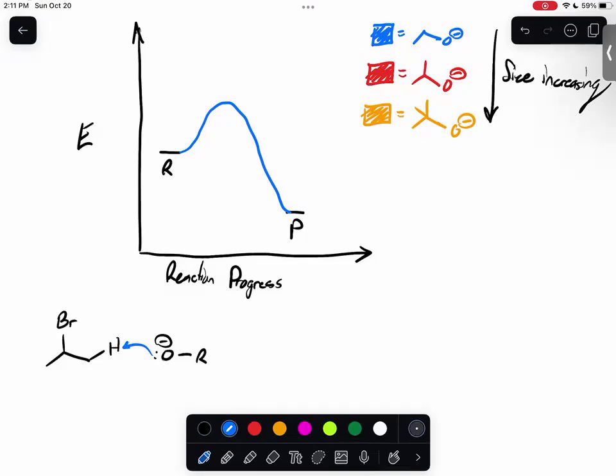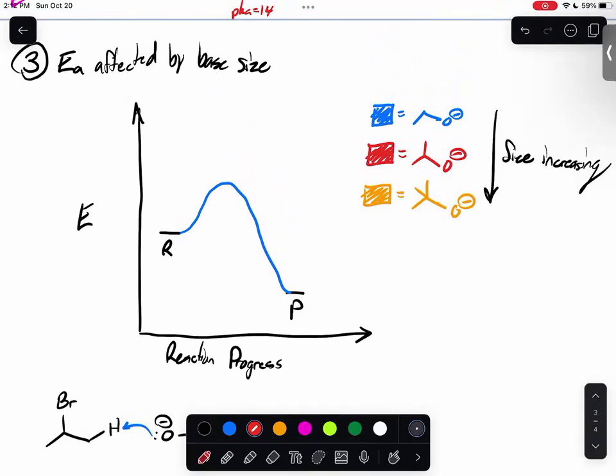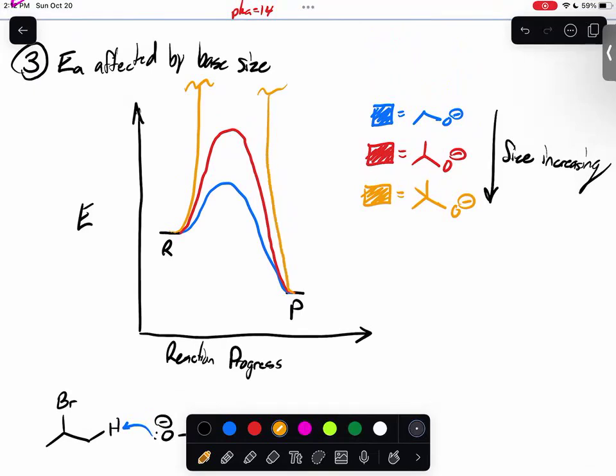All right. So looking at this further, that means that the isopropoxide has a steric component that makes its activation energy higher. And that means that the tert butoxide, we can create some lines here because we don't have enough space to show the top of the peak, is even higher. So tert butoxide has the highest activation energy.